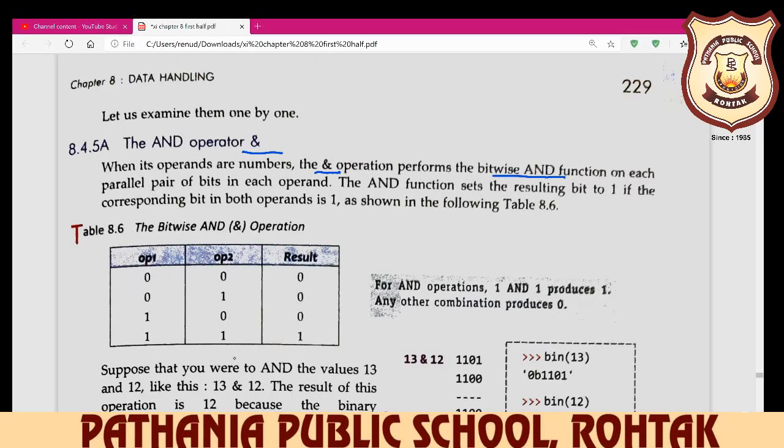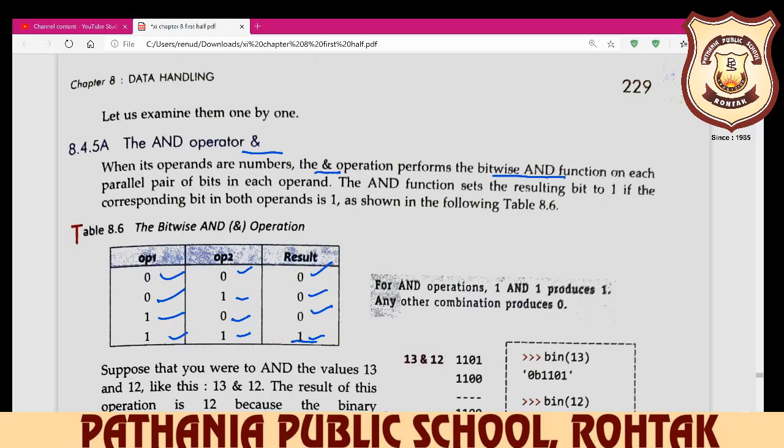And what is the AND function? When both are false, your answer is false. The multiply sign means when 0 multiply 0, the answer is always 0. So in binary representation, 0 and 0 is always 0, 0 multiply 1 is always 0, 1 multiply 0 is always 0, and 1 multiply 1 is always 1. Only when both are true do you get the true answer, only one.